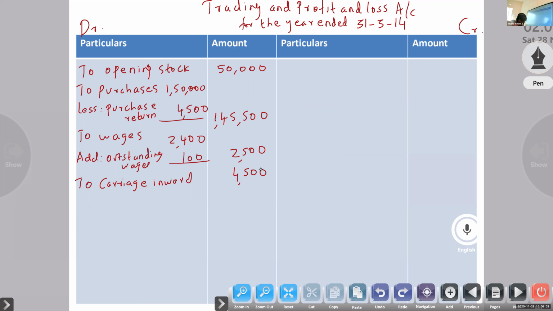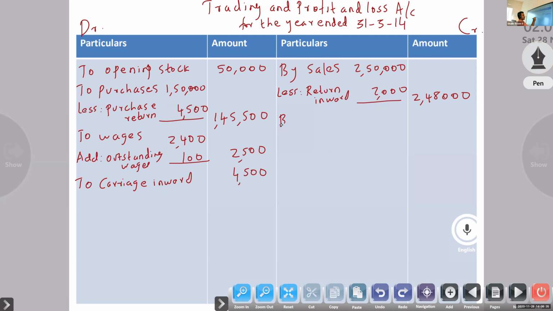Next, any item? No. Next, by sales 2,50,000. On the debit side, any return? Yes, less return inward, it is given 2,000, so 2,48,000.